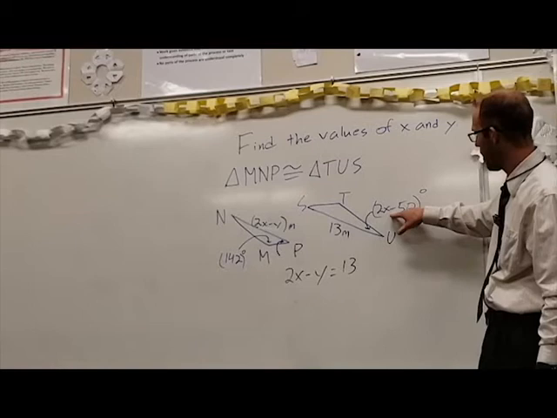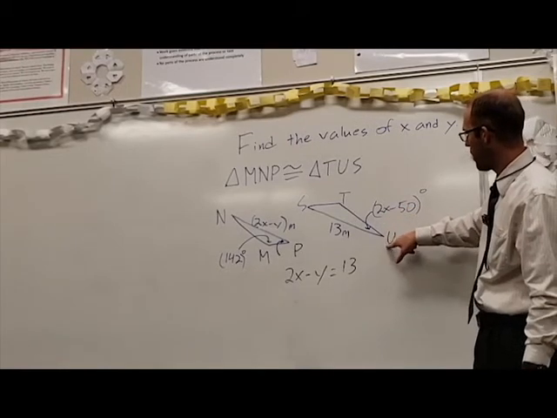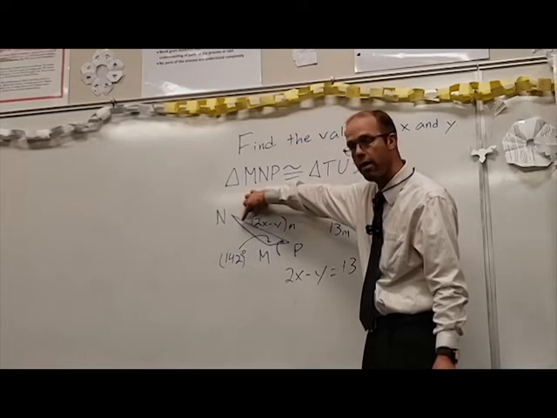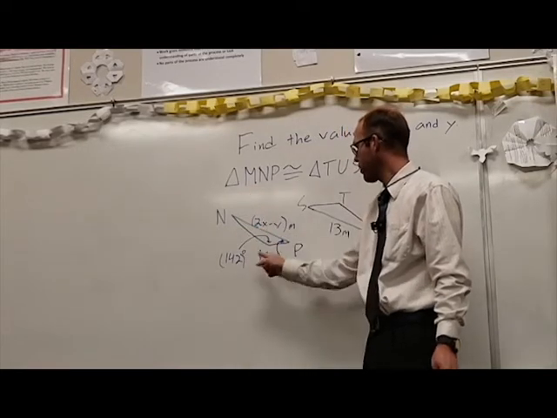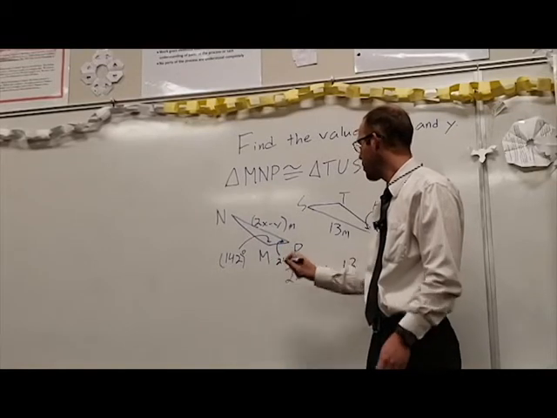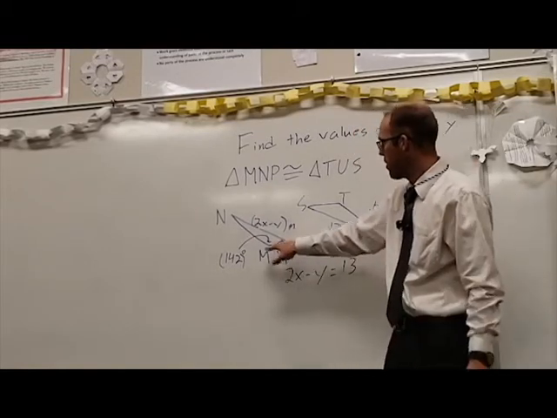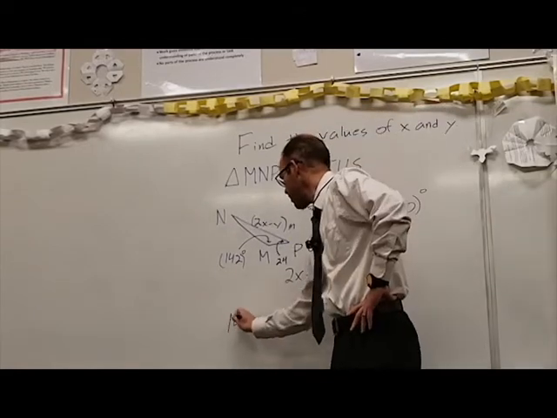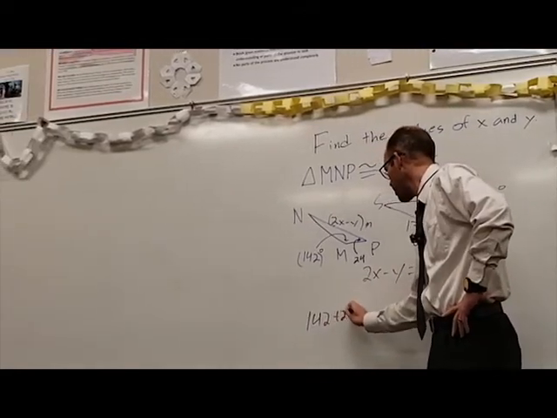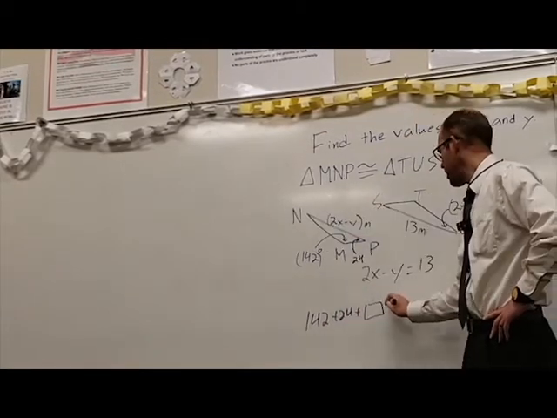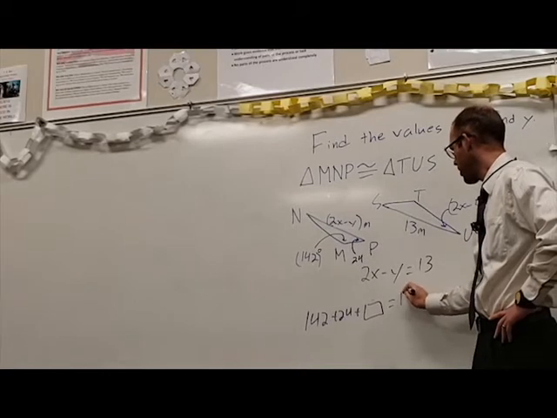Right here we have 2x minus 50, and the corresponding angle for U is N. That's over here, and I don't know what that angle is in this triangle, but I do know these other two angles are 142 degrees and 24 degrees. Using those two angles, I can figure out the measure of that third one. I know that 142 plus 24 plus the measure of angle N is equal to 180.